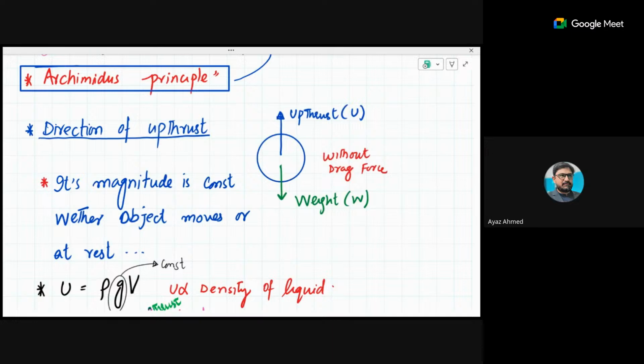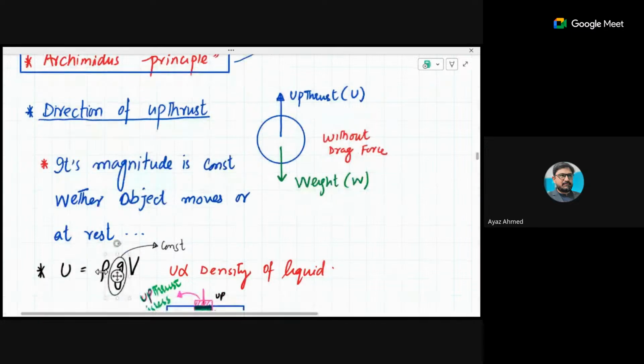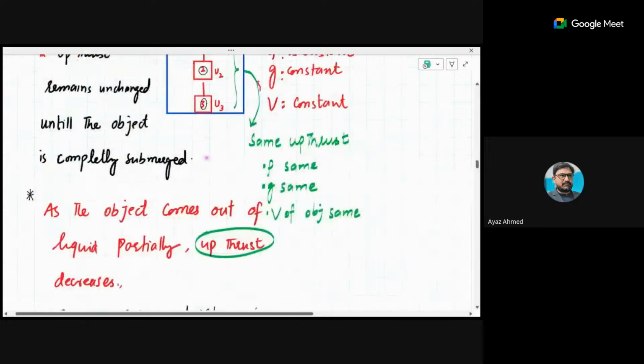If the object is rigid, do you think that its volume is changing? No. So if density is not changed, and the value of g is not changed, then V is constant. It means upthrust is constant wherever the object is placed.